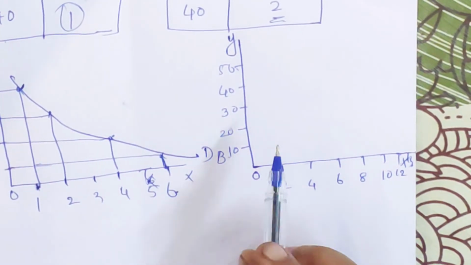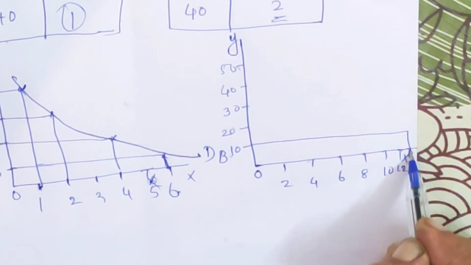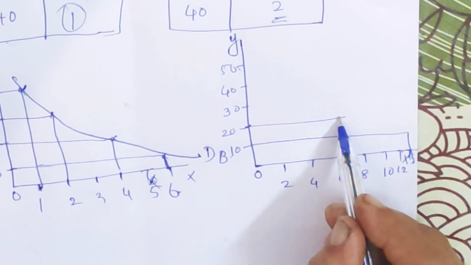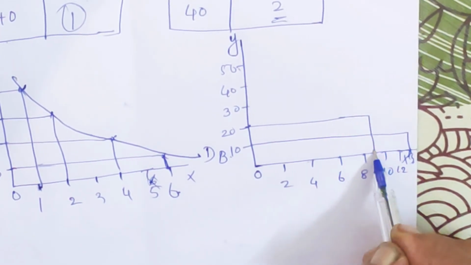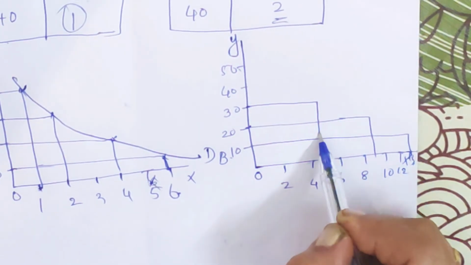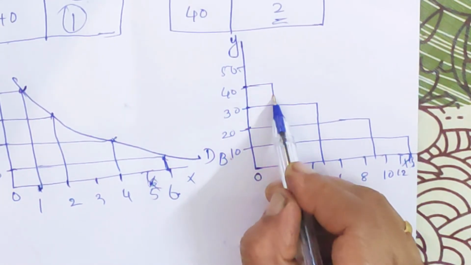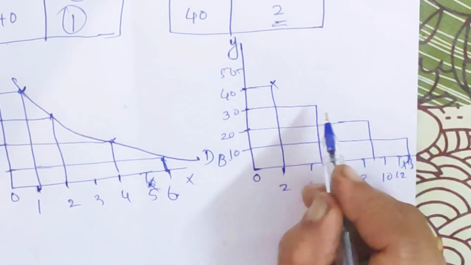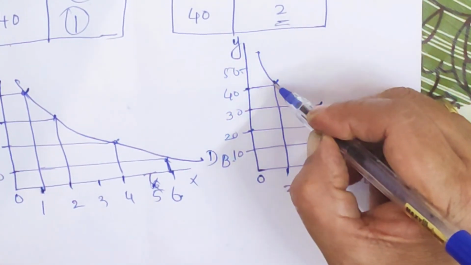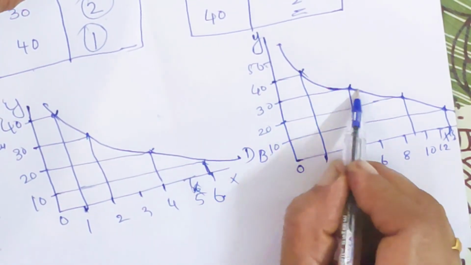When price is rupees 10, quantity demanded is equal to 13. When price increases to 20, demand decreases to 9. When price is 30, demand is equal to 5. At 40, demand is 2. When we join these points, we get the market demand curve.